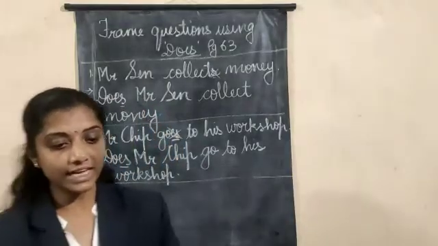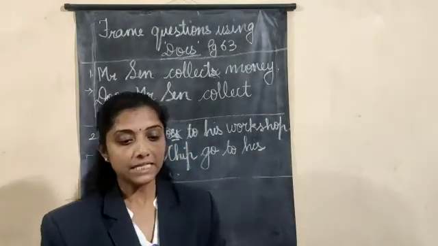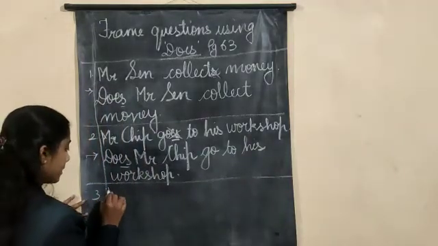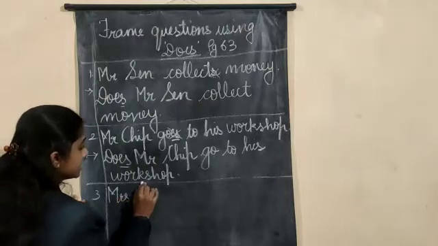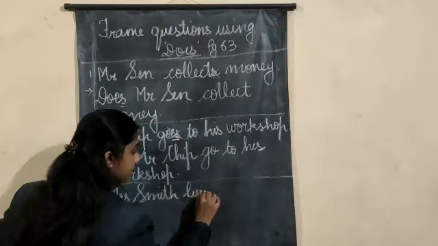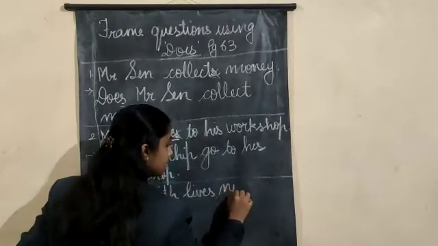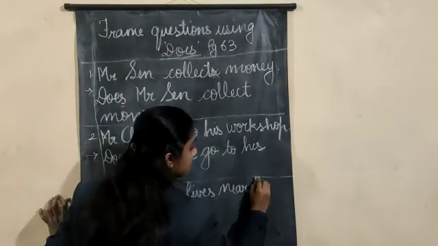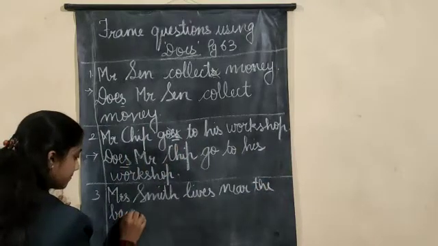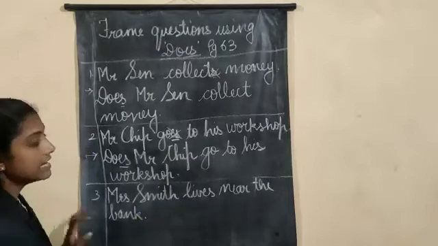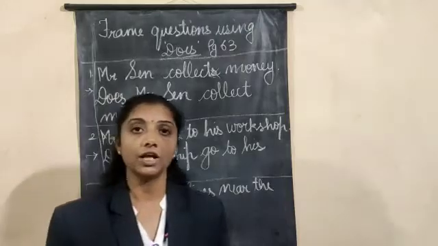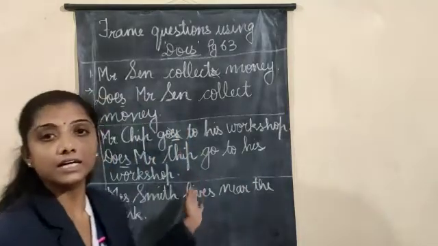Okay. Now the next example. Mrs. Smith lives near the bank. Third one. Mrs. Smith, S-M-I-T-H, Smith lives near the bank. Okay, this is a sentence they have given. Now, how do you frame the question? We begin the question with does.